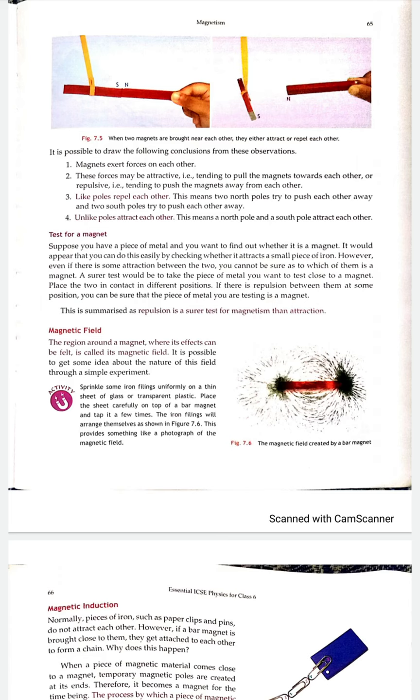Gently tap the paper, and you will see that iron filings will arrange themselves in a particular order. The shape in which the iron filings arrange themselves will be the shape of the magnetic field existing around the magnet. So iron filings will arrange themselves in this particular shape as you can see on the screen. So this is the shape of the magnetic field around the magnet.